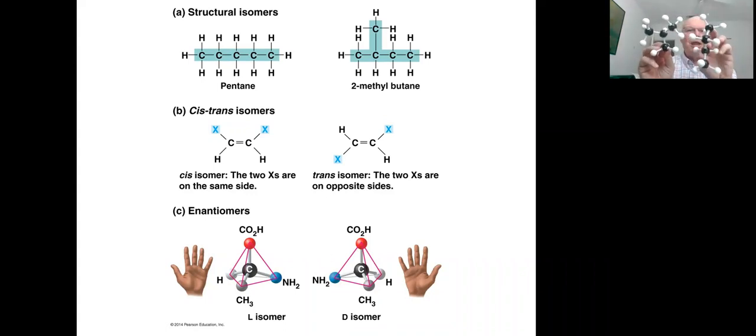But these are arranged into 2 different structures. And that's why these are referred to as structural isomers. Because while they share the same chemical formula, the arrangement of the atoms are very different. They're arranged into very different structures, and as a consequence, they have very different chemical properties.